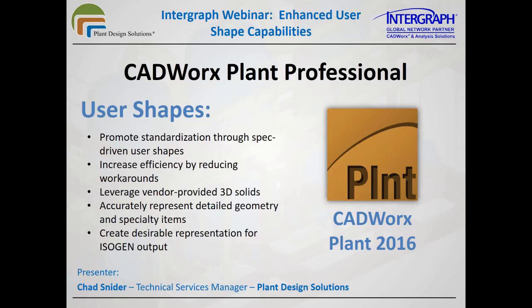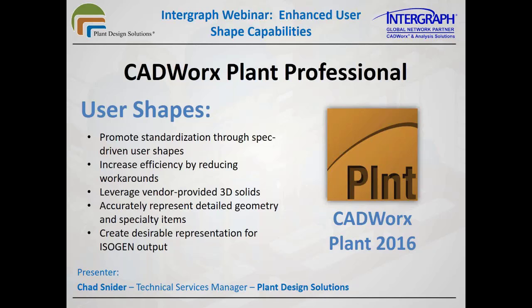So just very quickly, a brief introduction to user shapes. User shapes are basically utilized for specialty items or anything that we need to be hopefully spec driven and therefore standardized that is not part of a standard engineering piping spec or our CADWorx parametric table components, okay?